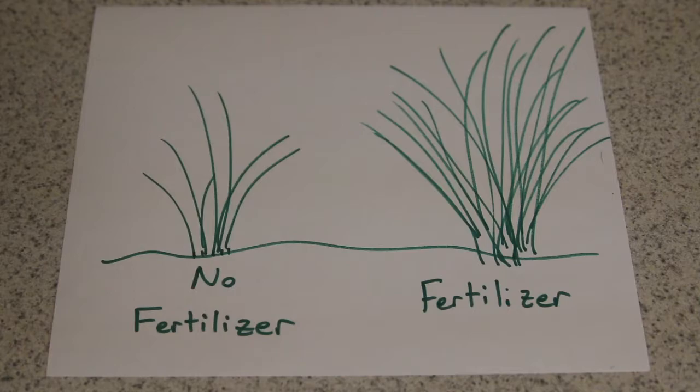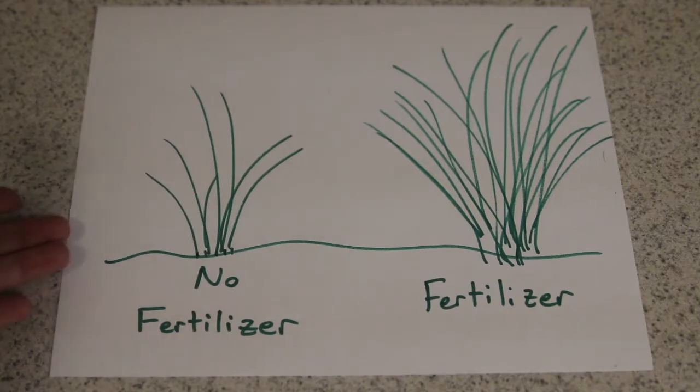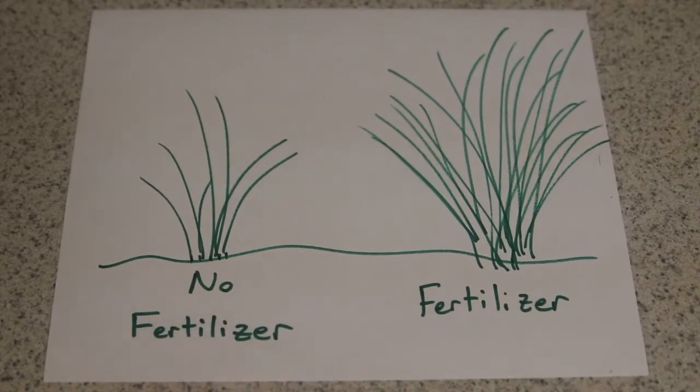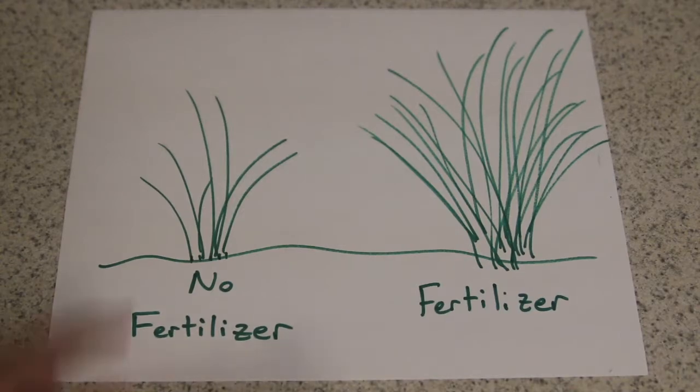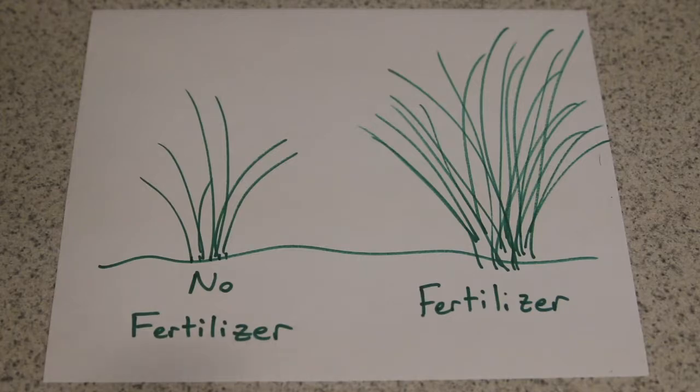So the first thing I wanted to show is my drawing of what would happen if you did a fair test of no fertilizer versus fertilizer. After 3 months, both of these plants are going to grow. Notice I put them in the same ground, so they're in the same soil. If they're outside, they would have received the same water.